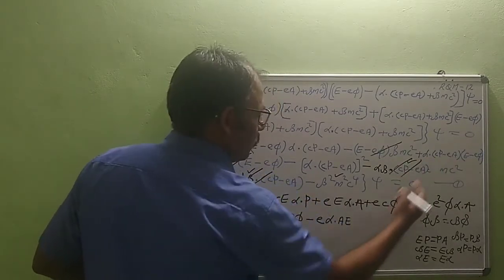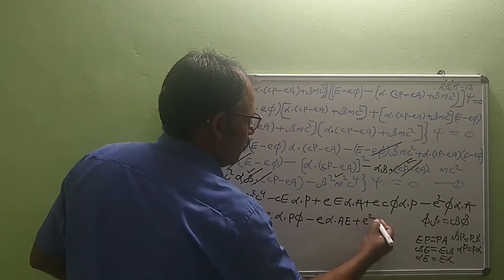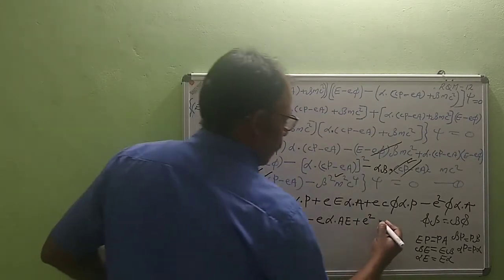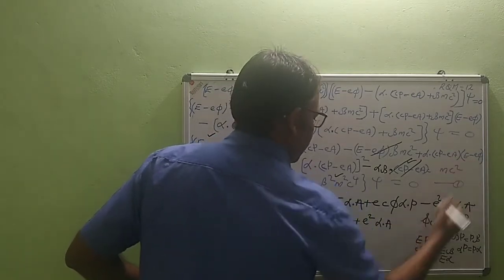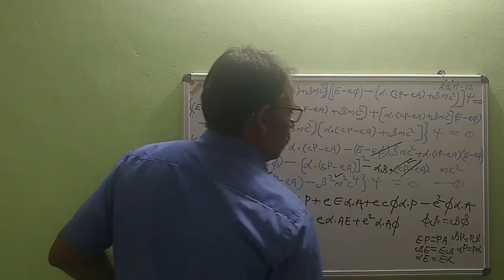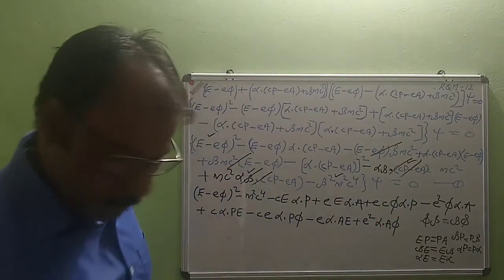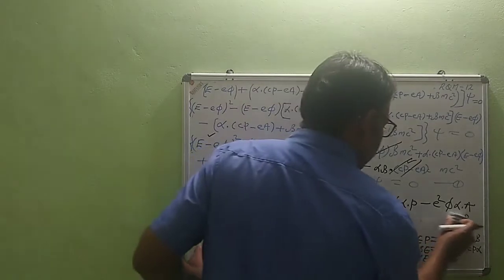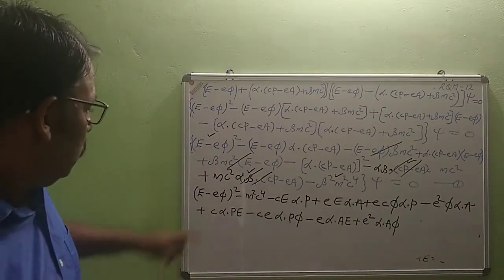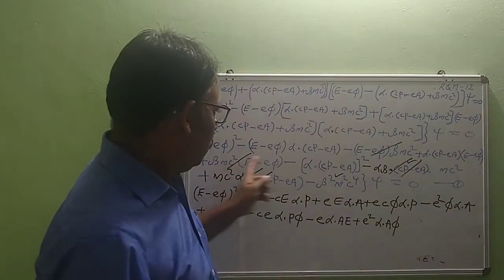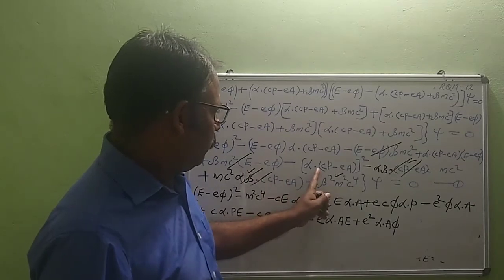Now alpha dot minus E, that will be plus E square alpha dot A φ, plus E square alpha dot A φ. This one cancels, this cancels out.